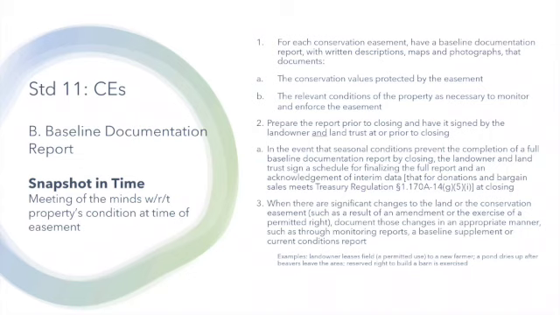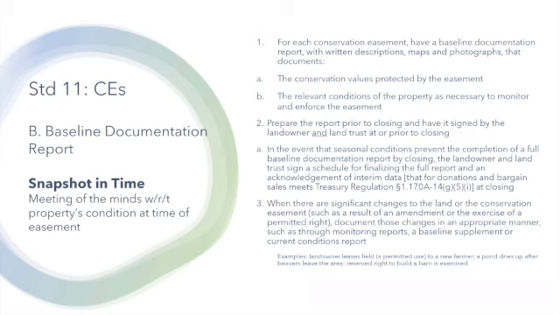Yeah, okay. So just to quickly go through baseline documentation reports as distinguished from management plans, what you really need to know is the BDR should be prepared by a qualified professional, qualified to speak about the resources that are being protected by the easement.